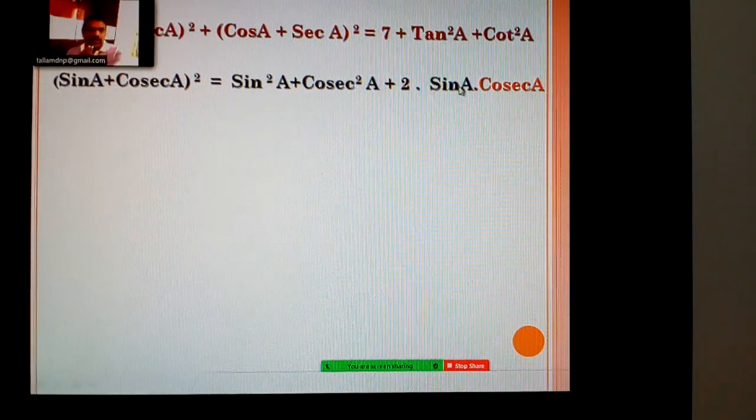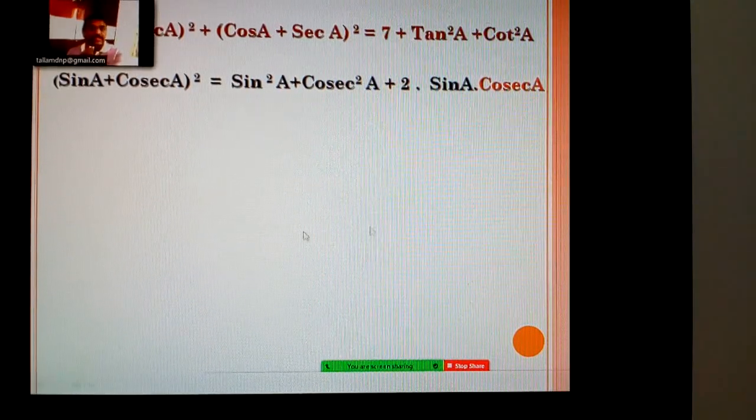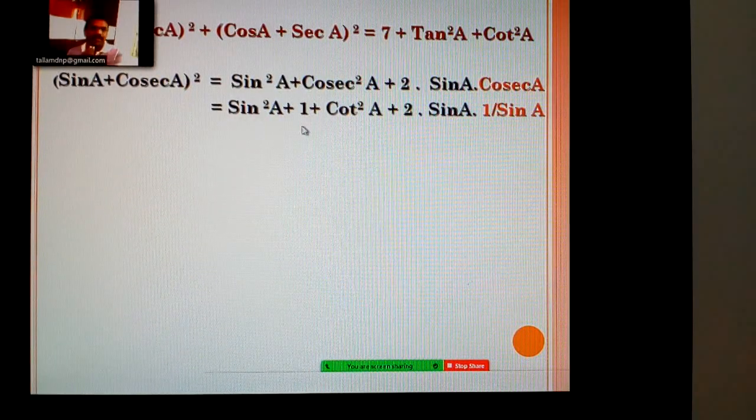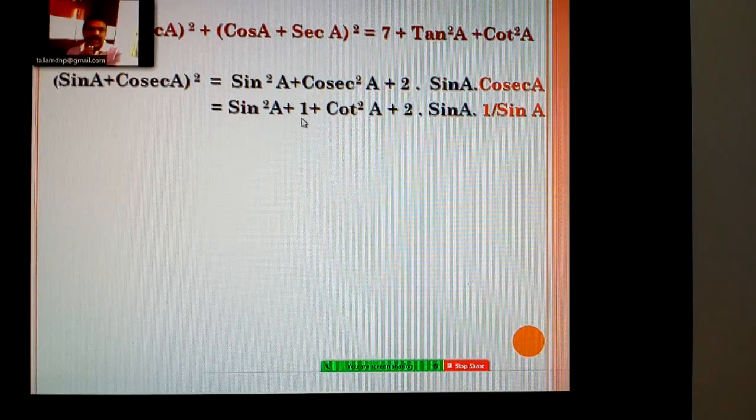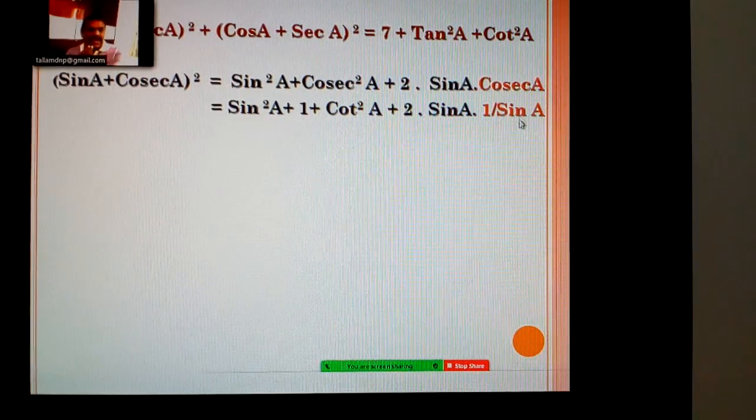Okay, in the 2AB term, the cosecant is to be modified. It is to be replaced by its reciprocal identity. So then what you will get? sin² A plus, and here cosecant² A is replaced by its equivalent identity expression, that is 1 + cot² A, plus 2 into sin A, with cosecant A written as 1 by sin A. Now both the sines will get cancelled.